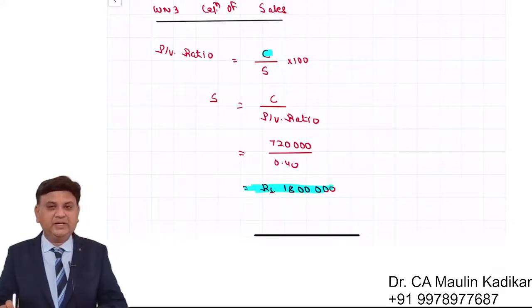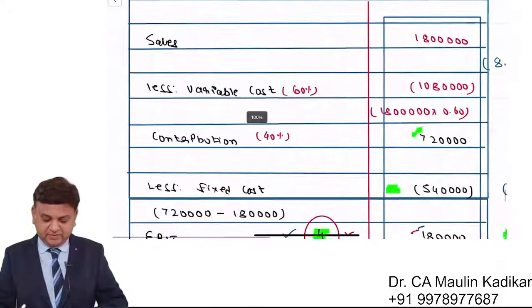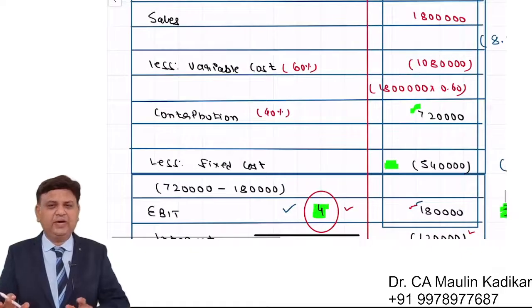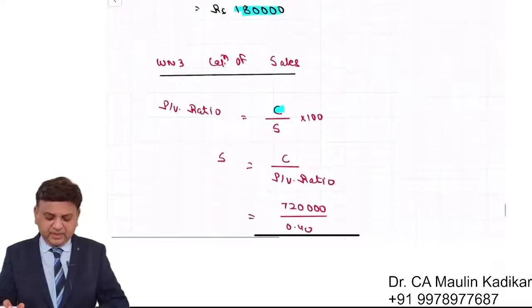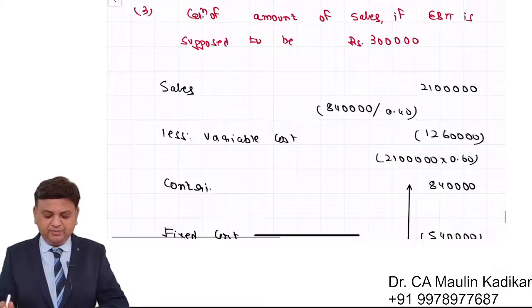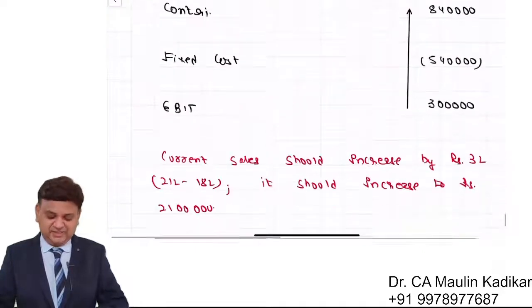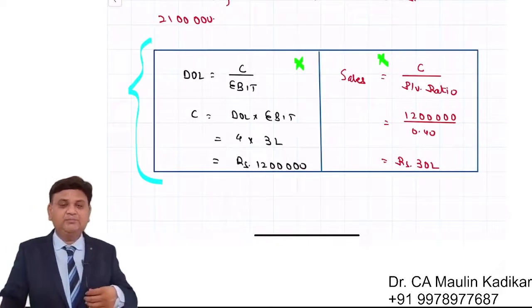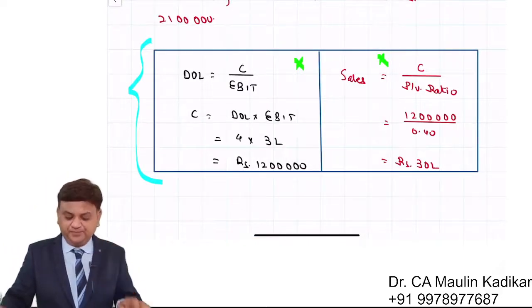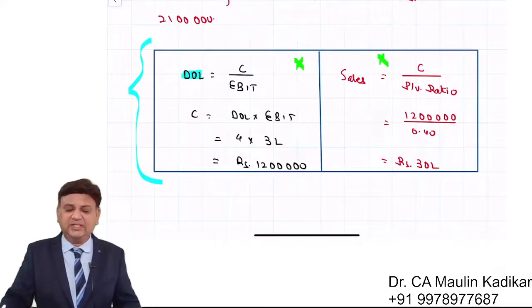That is the way we have made the calculation of the answer. At the same time, we have prepared this entire statement, because this statement will give you absolute clarity on what is happening. In the third part of the question, we are required to compute that if you want EBIT of 3 lakhs, what should be your sales? Your sales should be 21 lakhs. And importantly, understand this is not the way you can do the answer, because the absolute leverage value will keep on changing with the change in the activity level.